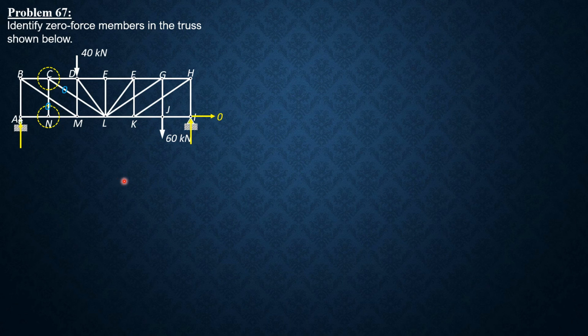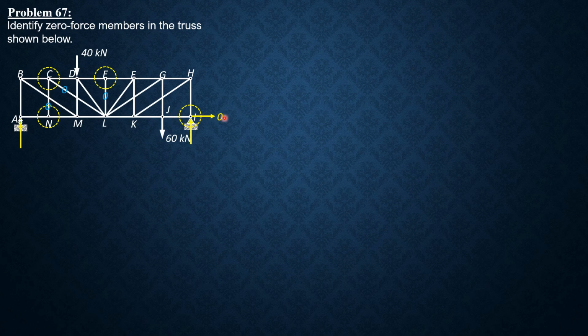Then we proceed to joint E. And this is case 2 again. Two are collinear, unloaded joint. Therefore, EL carries no force. So EL is 0. Then we proceed to this joint at I. Since this is 0 and these two are collinear, definitely they carry equal force.